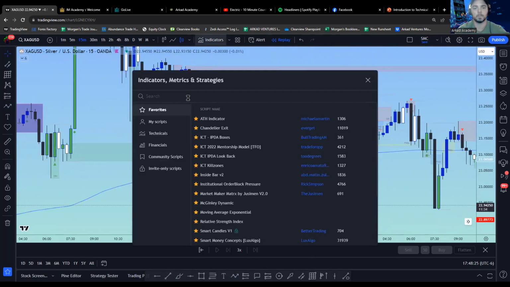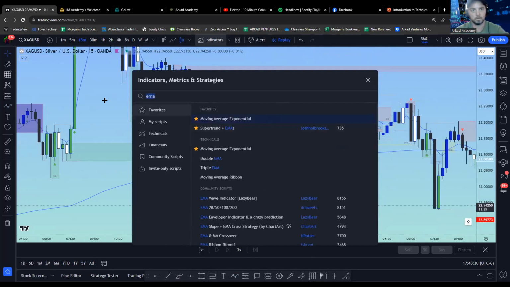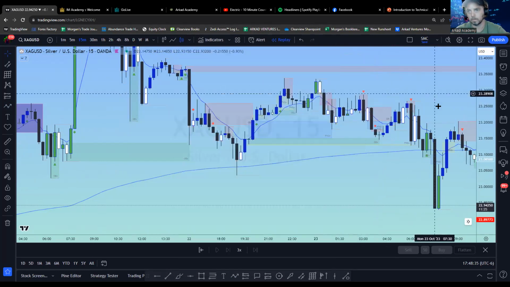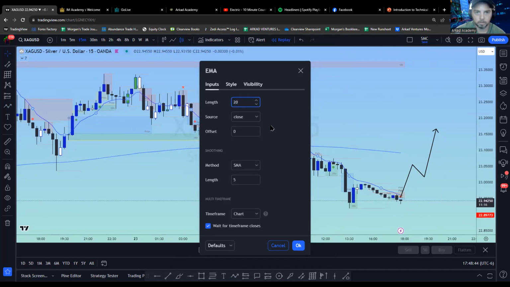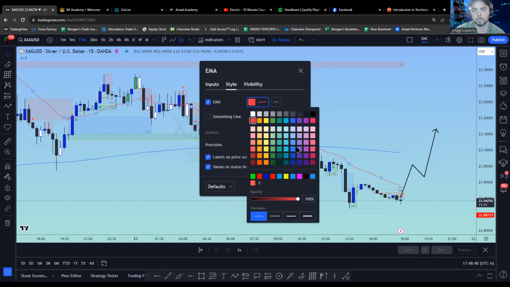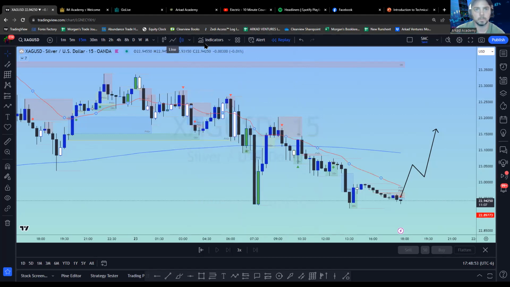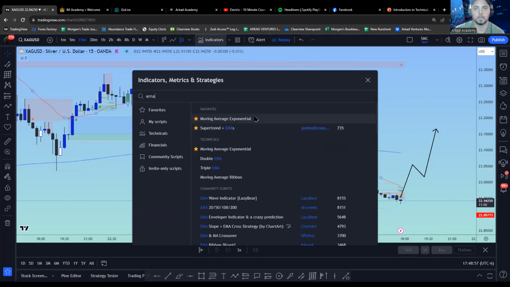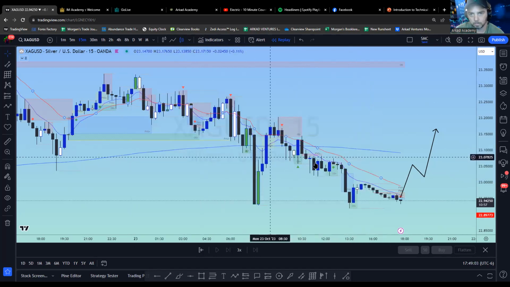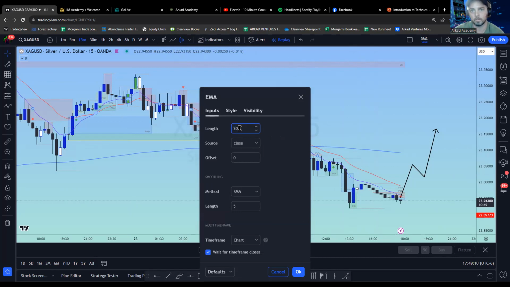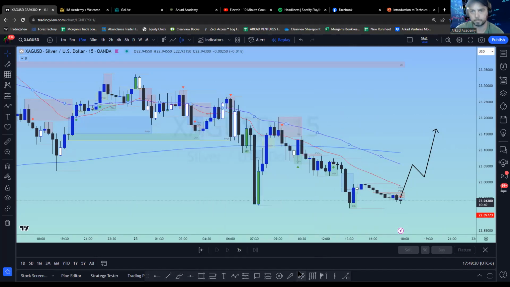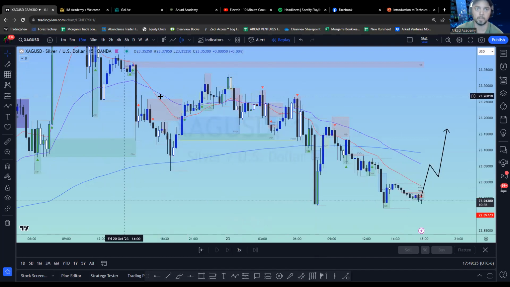Show you how the EMAs cross. So usually when these EMAs cross, the 20 is the average of the last 20 candles.